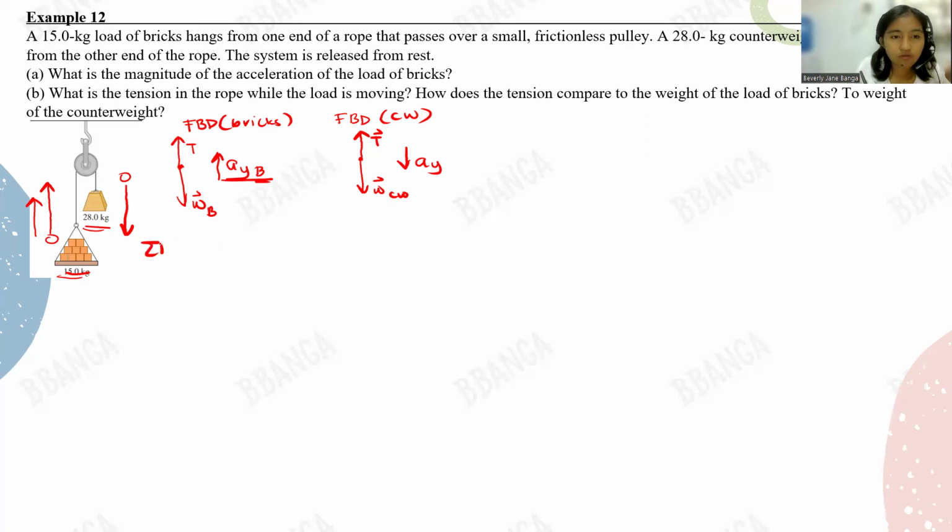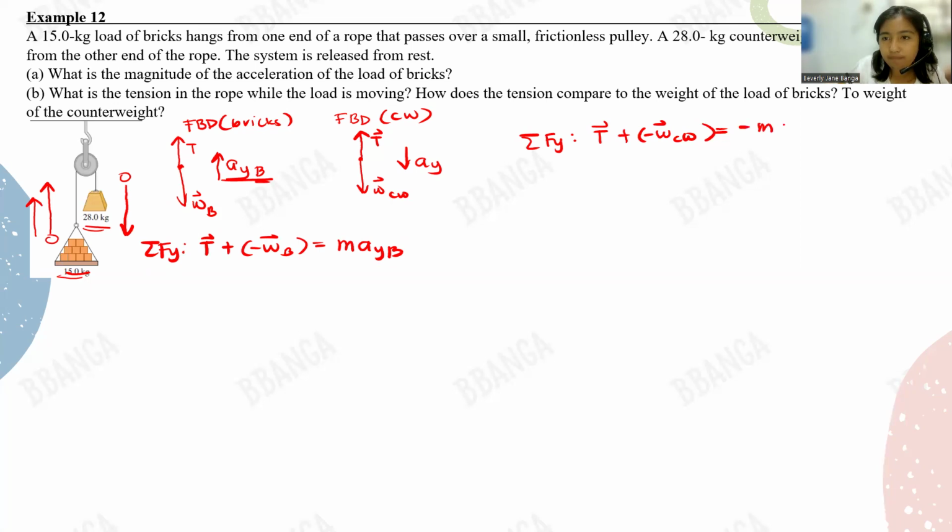So, summation of force along Y, T plus negative WB is equal to positive M AY B for bricks. For counterweights naman, summation of Fy is simply T plus negative weight of the counterweight equal to negative M AY of the counterweight.